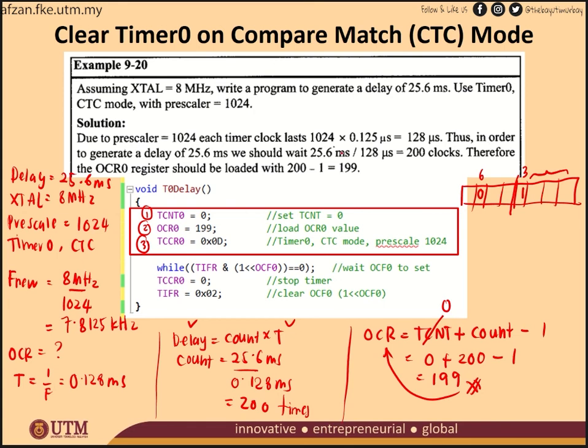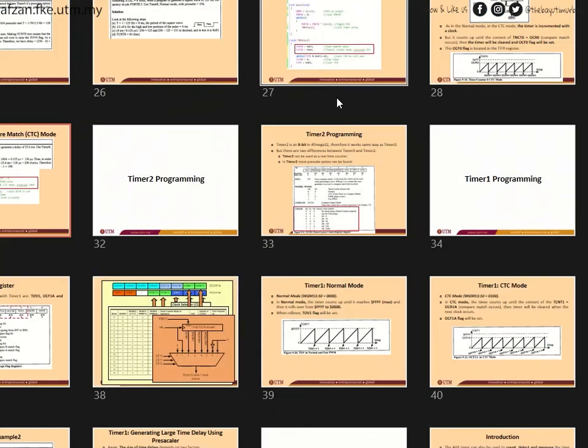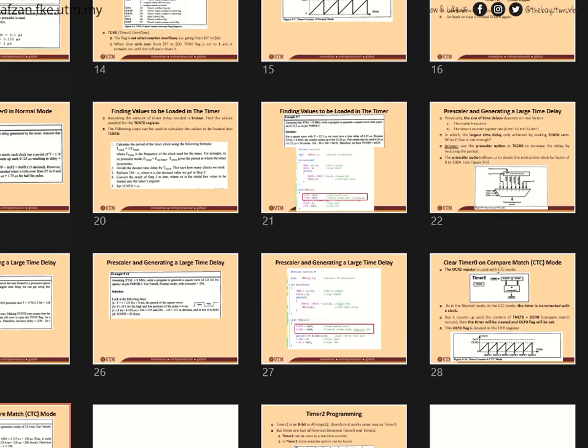For the prescale, since you're going to use the 1024, recall back 000 is stop, 001 no prescale, 010 is 8, 011 is 64, 100, if not mistaken, is 256.